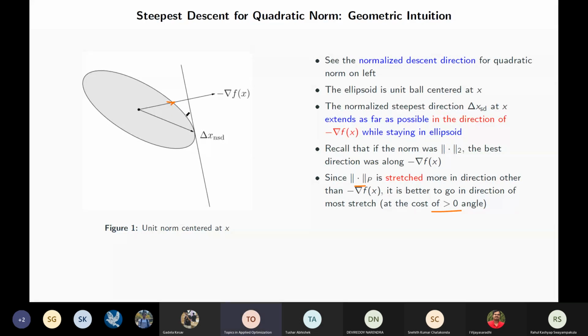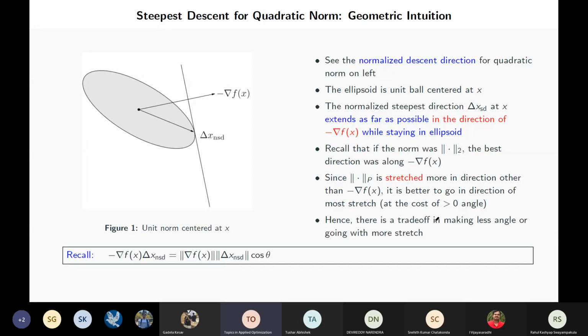What is going on is that the norm you are creating produces a stretch, a preference in your space, and this preference is no longer along minus grad fx. It's around the direction where the stretch is more, because then the descent will be more, although there will be a trade-off with the angle corresponding to grad fx.